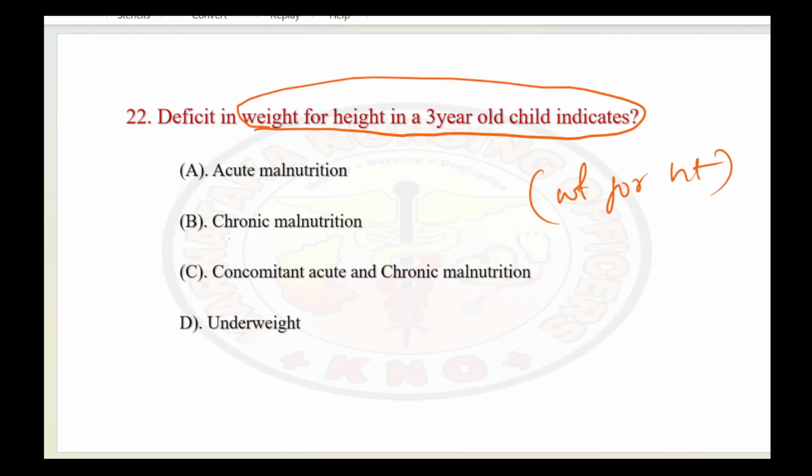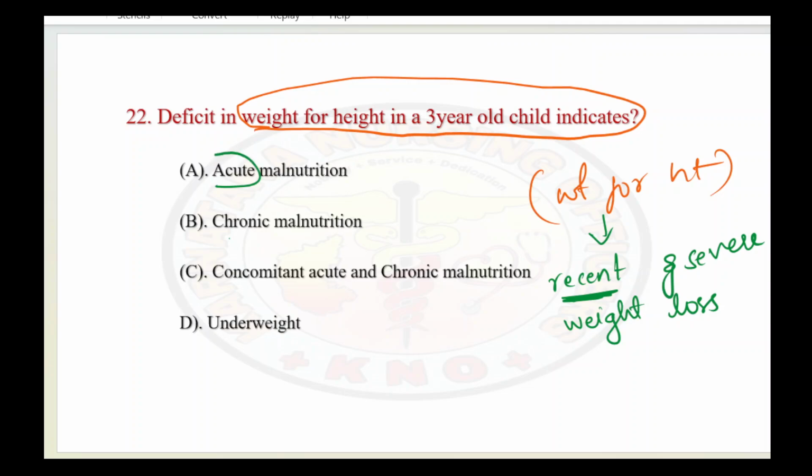So if you see weight is not appropriate for height, definitely this will lead to recent and severe weight loss. Recent, if they are telling you, the answer for that is acute. Recent and severe weight loss. So the answer is option A. We're going to see acute malnutrition in the child who is having deficit in weight for height in a 3-year-old.